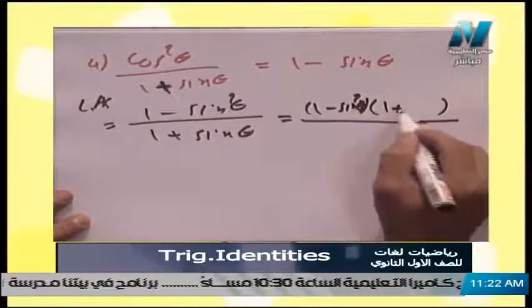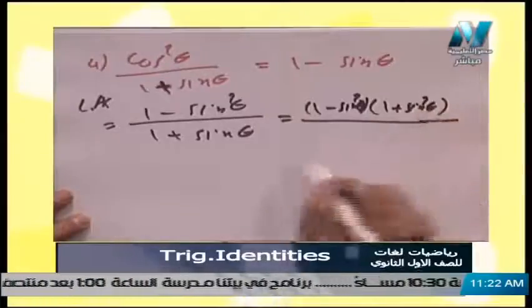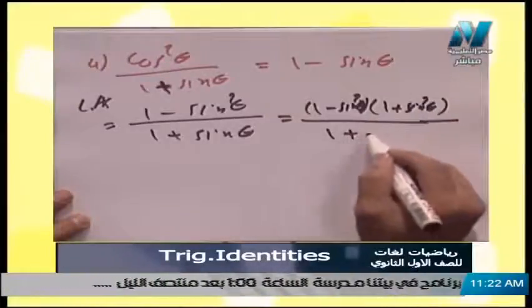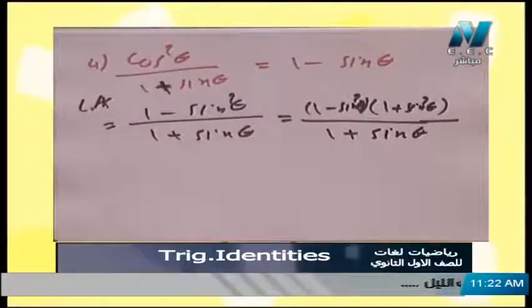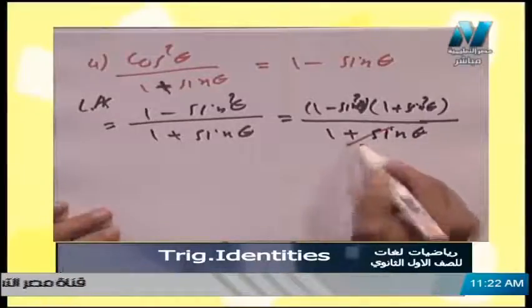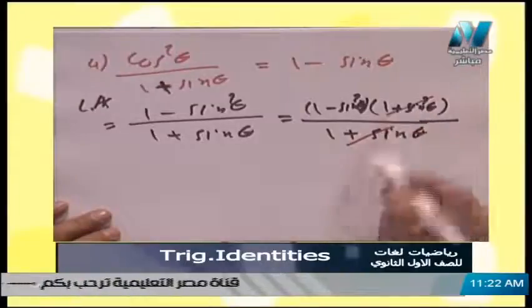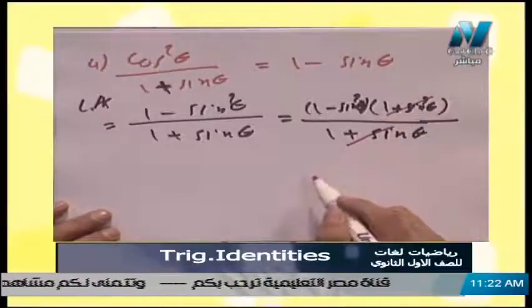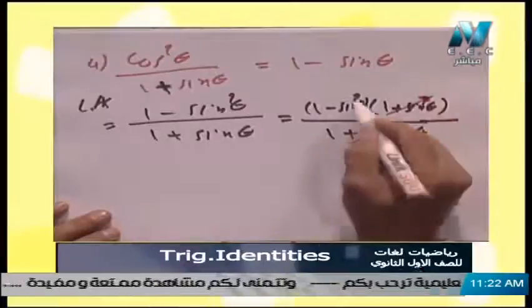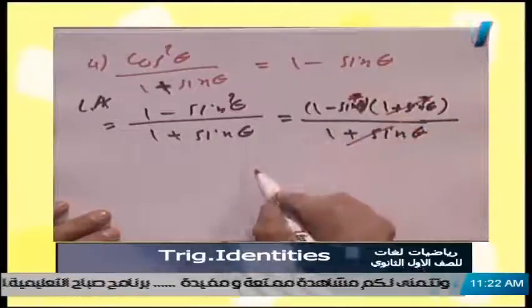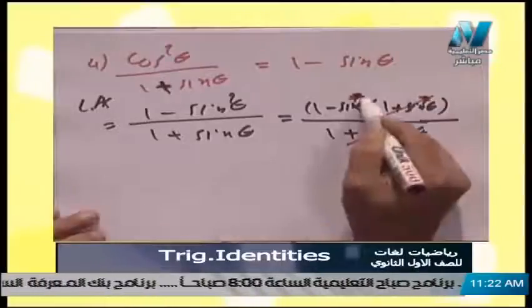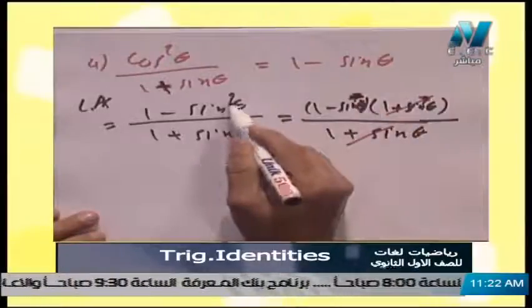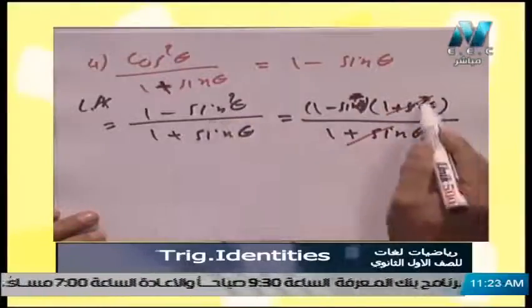We will factorize this part, it will be a difference of squares, 1 minus sine theta multiplied by 1 plus sine theta, and we have in the denominator 1 plus sine theta, and we can cancel. Sorry, we have no power 2, we have just 1 minus sine theta, because sine power 2 equals sine times sine only.